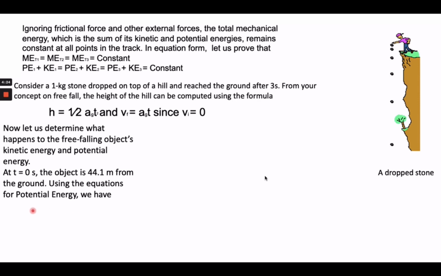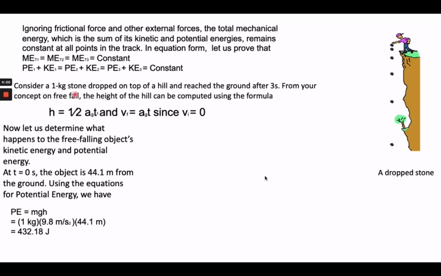So we will use the potential energy for this. Potential energy, in our previous slide, the equation is equal to mass times gravity times height. We all have these given here.